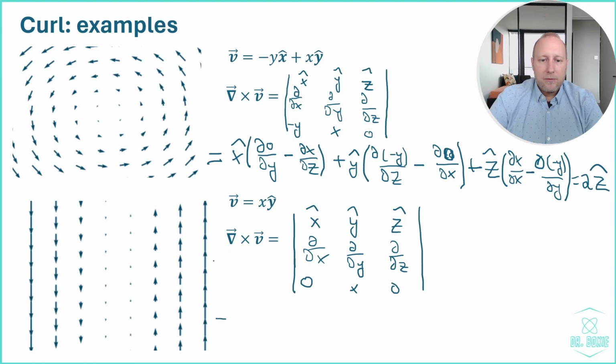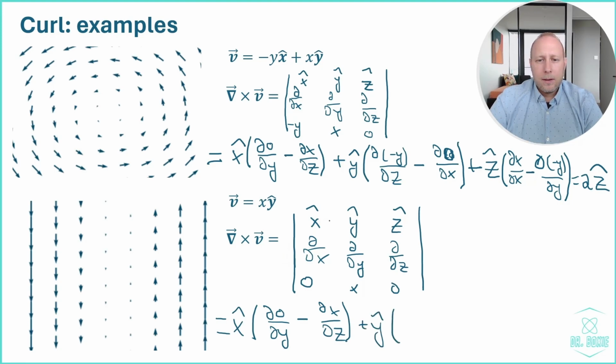And working this out would give us, in the x hat direction, d0/dy minus dx/dz, both of them are 0, plus y hat d0/dz minus d0/dx, both of these are 0, plus z hat times dx/dx minus d0/dy.